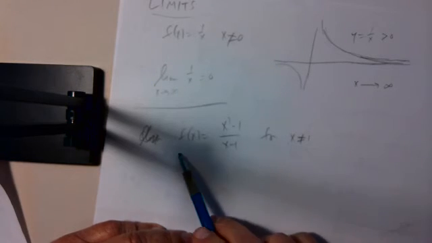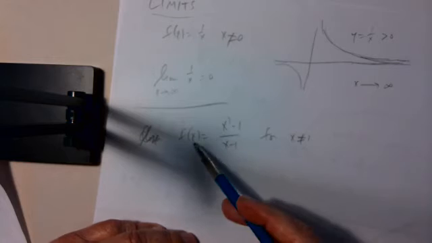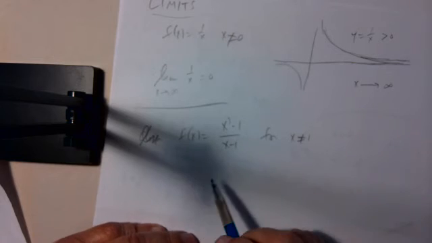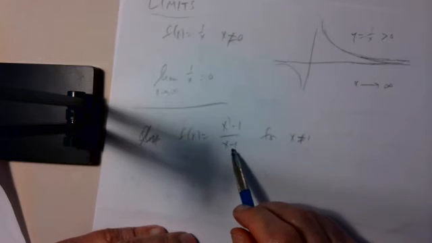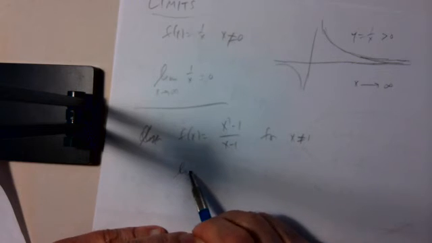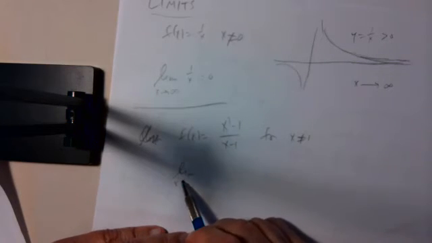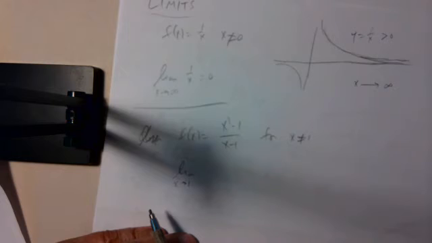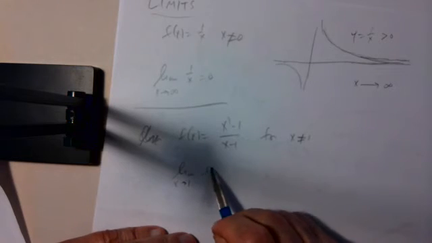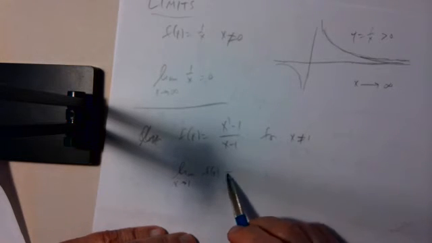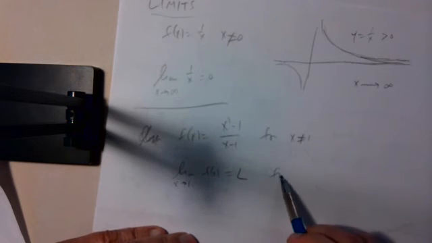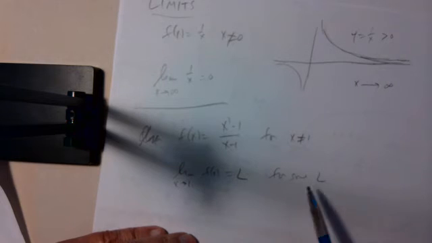So for every x different from 1, f of x is some number. And what we can ask, even though we're not allowed to evaluate this at x equal 1, is there some limit as x approaches 1, this is the notation we use, for this function f of x? Does this equal L for some number L?